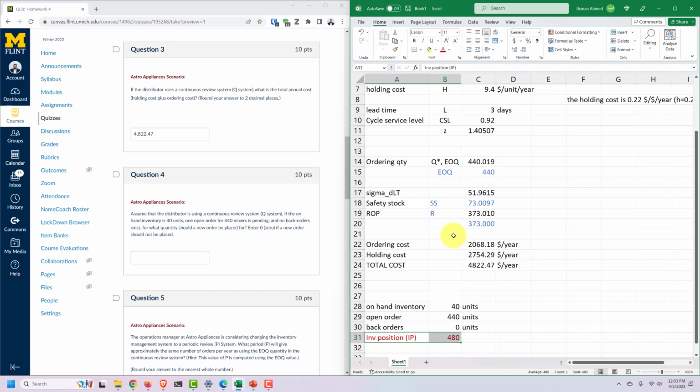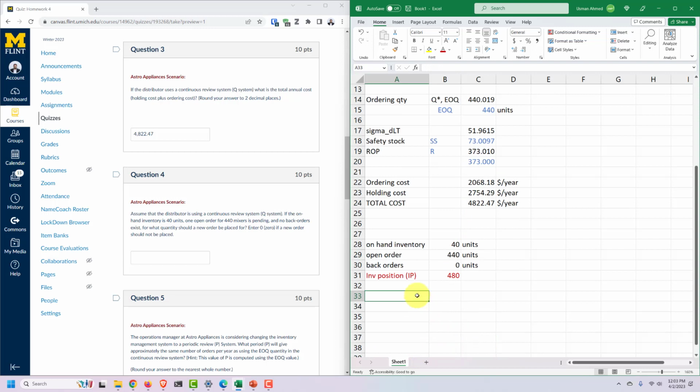If inventory position IP was equal to or less than the reorder point, then we would place a new order for 440 units, 440 pieces of the appliance. Because IP is bigger than R, we order 0 units, which is basically no order. So you put 0 here.